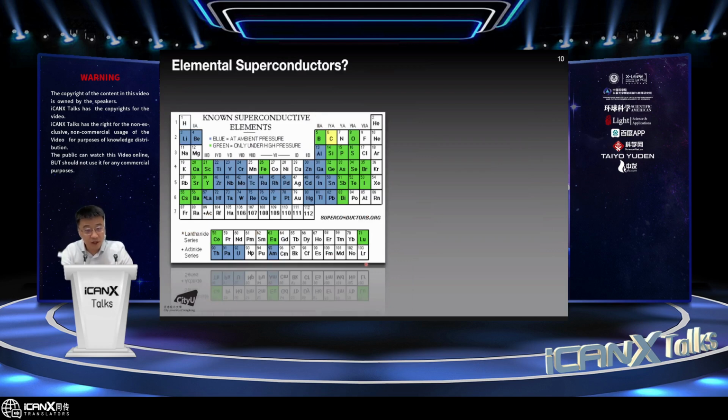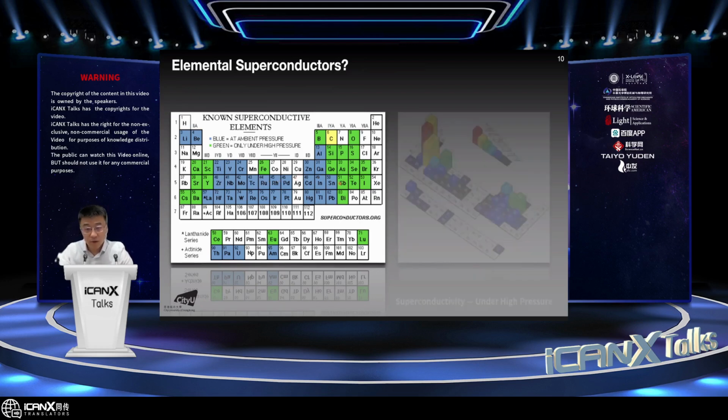Particularly, this theory is valid and very successful in explaining the elemental superconductors. These elemental superconductors are the majority of the superconductors discovered at an early stage, right? People just went through the periodic table and tried to measure each element down to low temperatures to see whether the ground state of the system is superconducting or not.